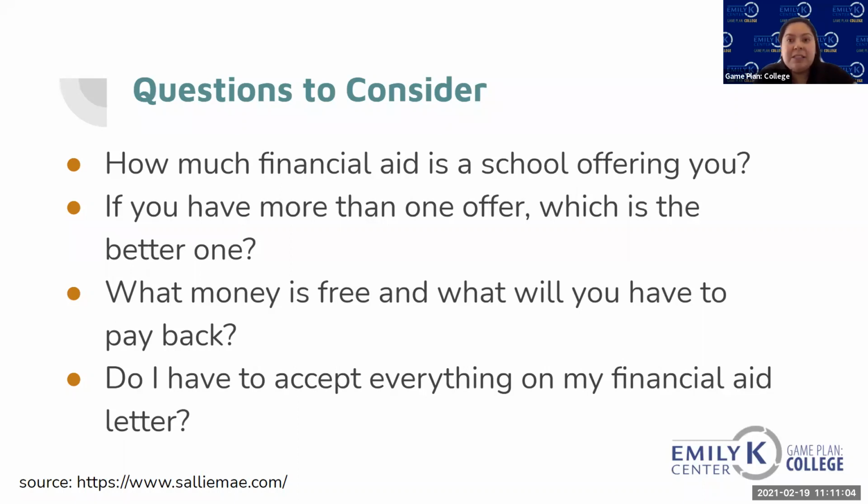And what money do I have to pay back, such as the loans? And do I have to accept everything in my financial aid package? So if they include $10,000 in loans, do I have to take out the full amount? And the answer to that one is no, and we will talk about those examples as well.